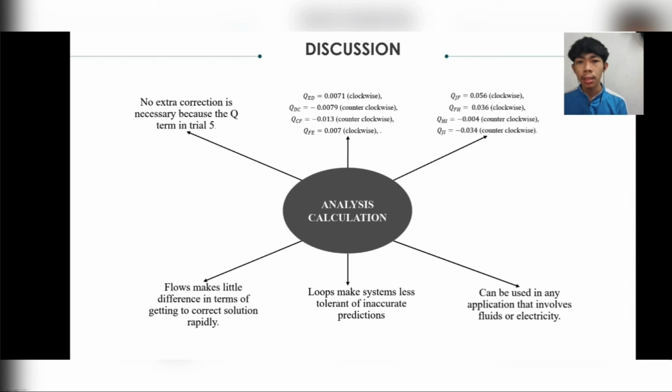The method mentioned above can be used in any application that involves fluid or electricity. As a result, when several loops are involved, the Hardy-Cross technique usually requires extra rounds for modification.